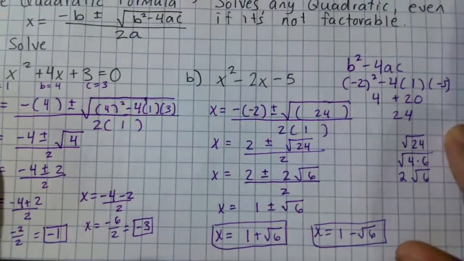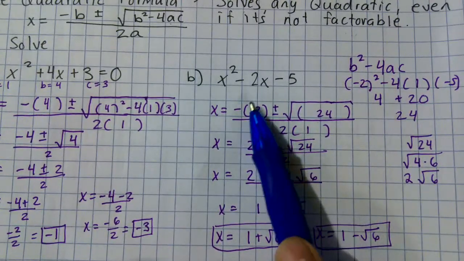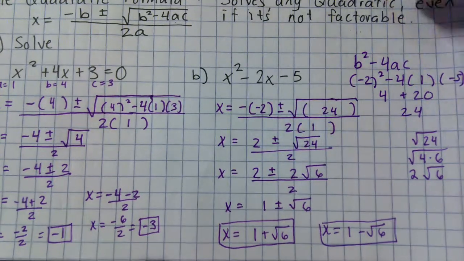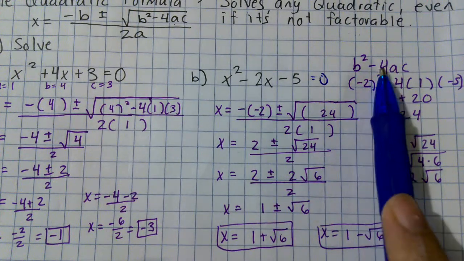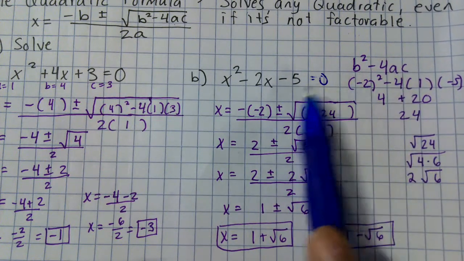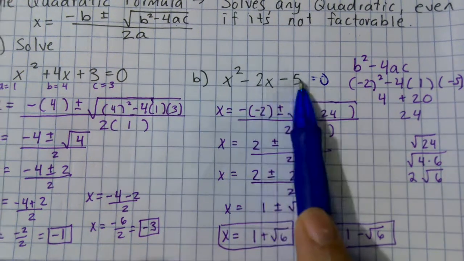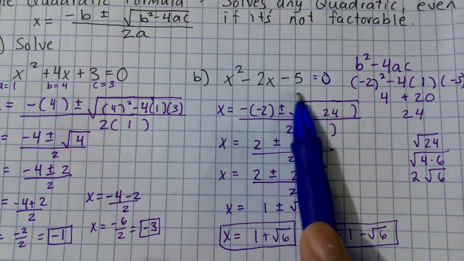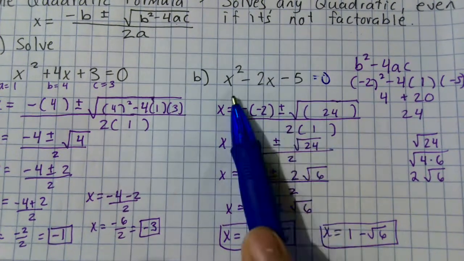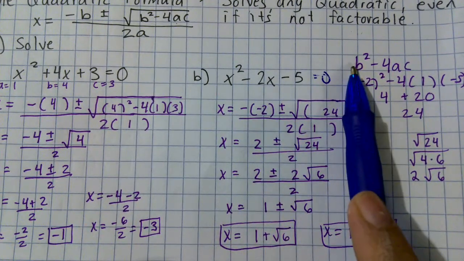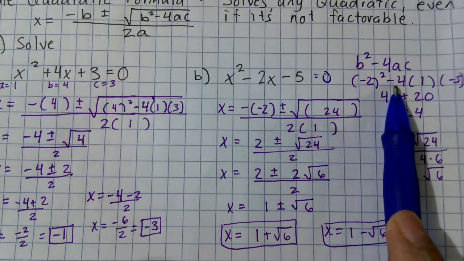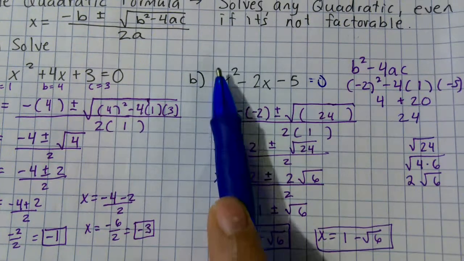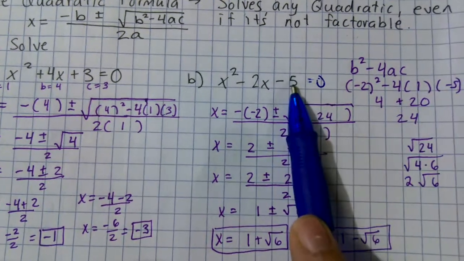Next example, letter B. X squared minus 2x minus 5, that should say equals 0. Again, we're going to do the discriminant first, b squared minus 4ac. Identify your a, b, and c. I didn't write it down, but you can just look. b is negative 2, squared, minus 4 times a, which is 1, times c, which is negative 5.